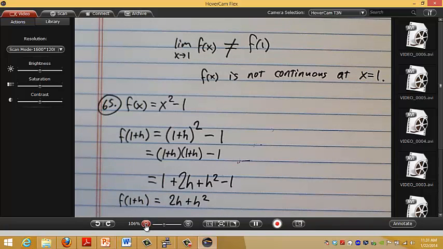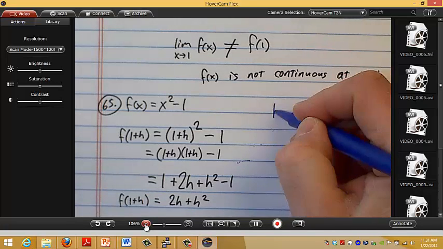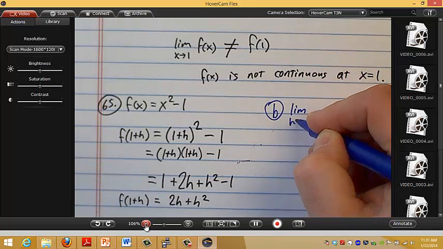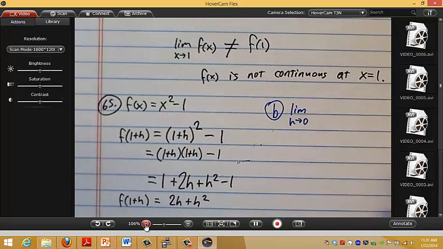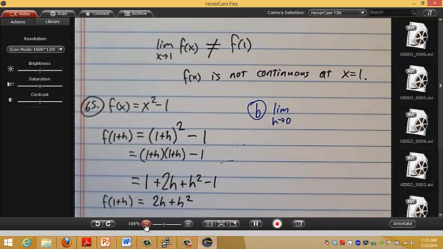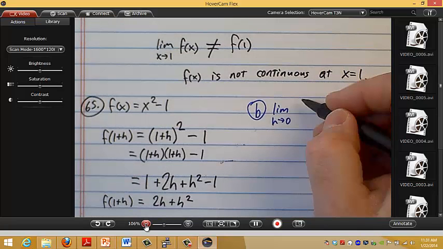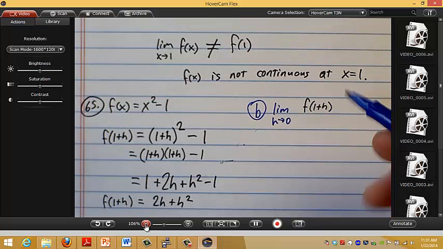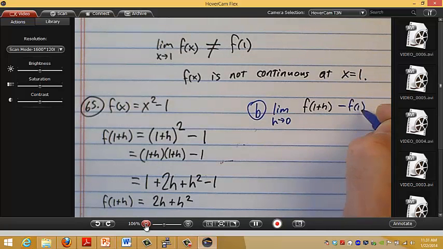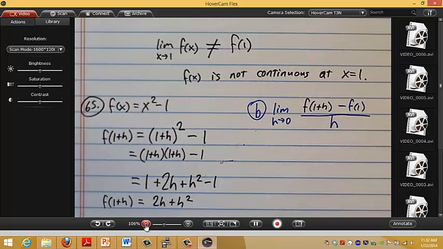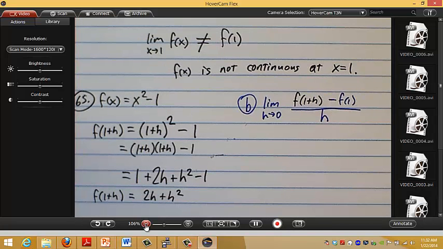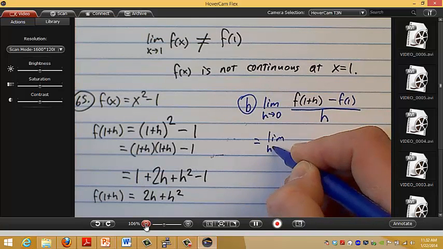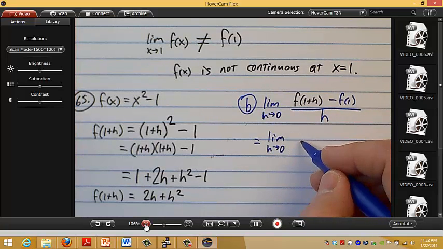Now part B says try to compute this limit. Limit as h approaches 0 of, well, you'll notice that this f of 1 plus h is part of what we're computing. And then it says minus f of 1 all over h. So I have to compute that. So I can say that that equals the limit as h approaches 0. And what do I have?